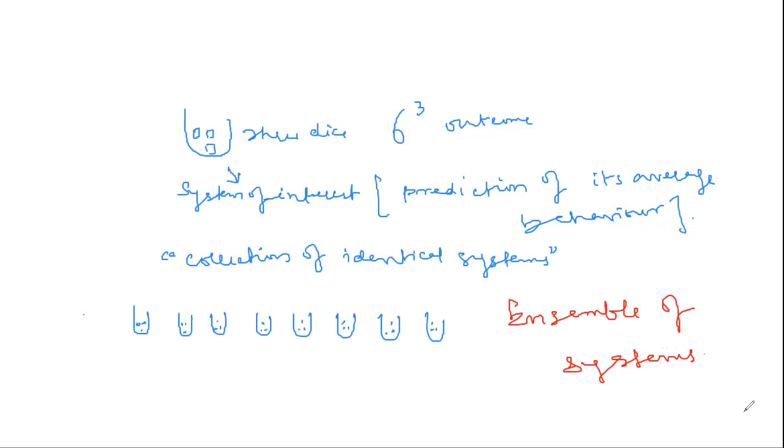I will give you another example. When we talk of this ensemble of systems, there are such situations where we have a system of interest, we want to find its average behavior, and we construct an ensemble of the systems and average over those systems to get the average behavior of the system in question.